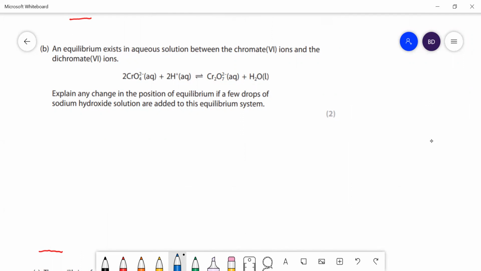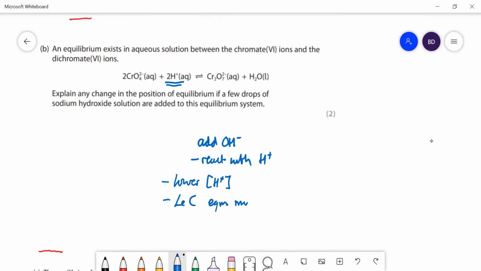Okay, so look, if we add OH minus, the OH minus is going to react with the H plus to neutralize it, form water. So that means we are going to lower H plus concentration. So Le Chatelier tells us the equilibrium will move to the left in order to make more H plus, to oppose the change. So that means the equilibrium will move to the left, and you're going to get more chromate.